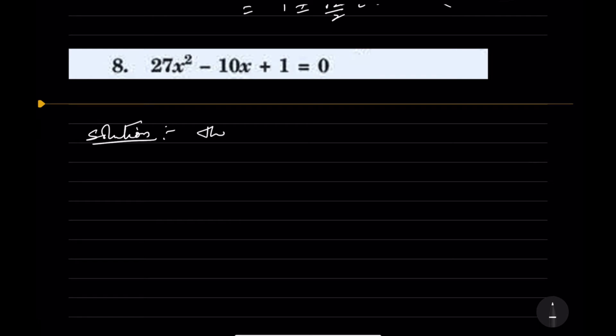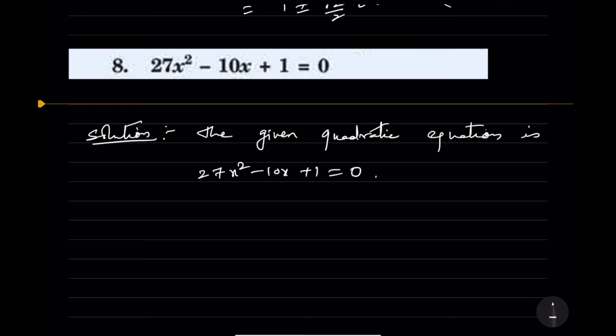So the given quadratic equation is 27x square minus 10x plus 1 is equal to 0. So on comparing with the general form, ax square plus bx plus c equal to 0, a is equal to 27, b is equal to minus 10, c is equal to 1.